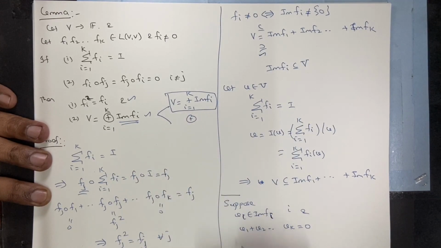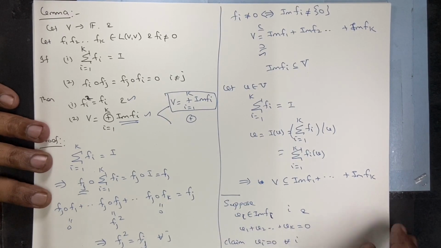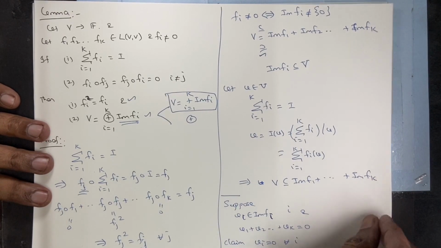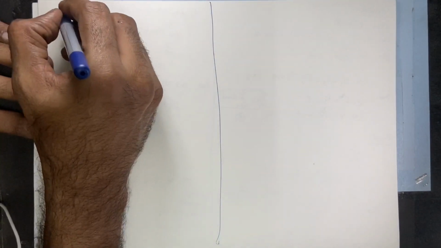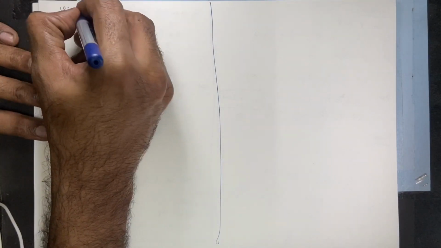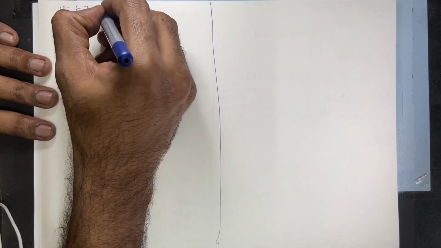Suppose V1 plus V2 up to Vk is 0, and the claim is we will prove that Vi is equal to 0 for all i. Now, what did we assume? We assume that Vi belongs to image of Fi.